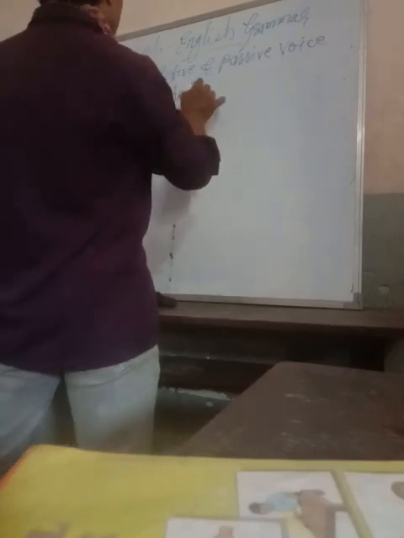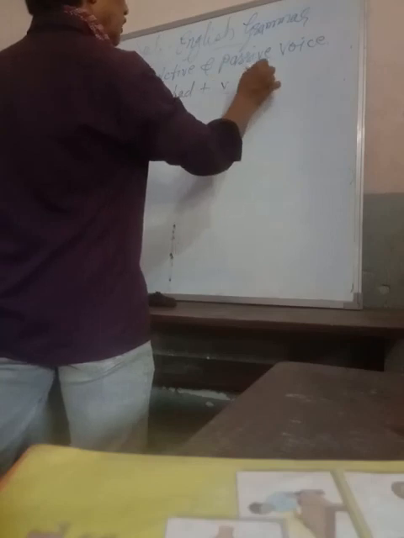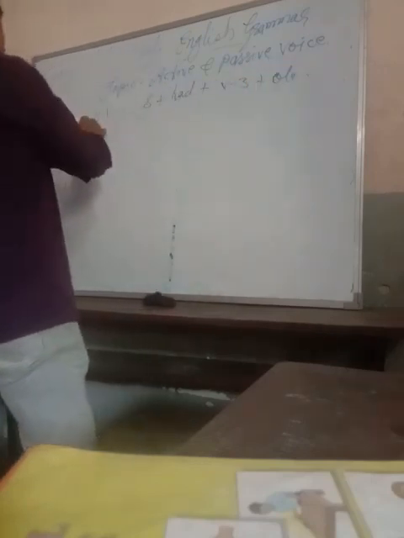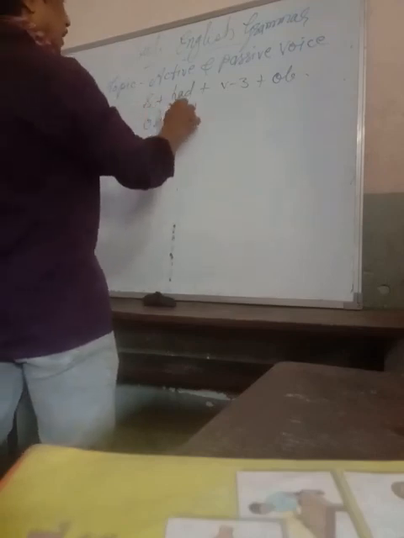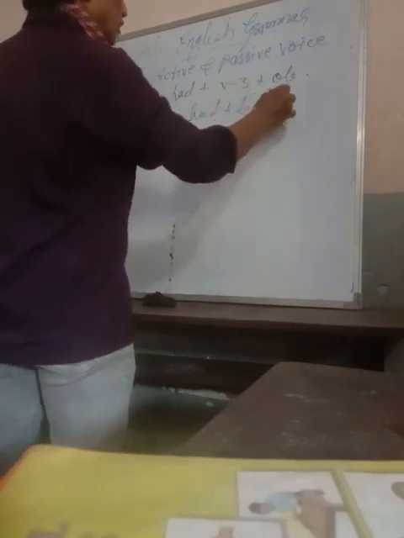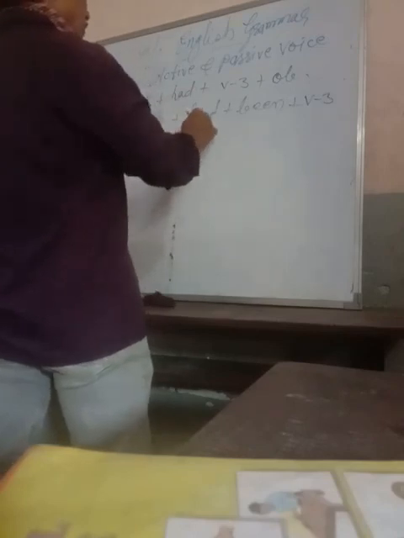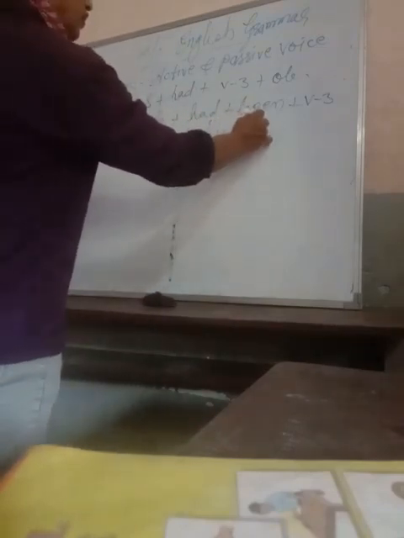So subject plus had plus B3 plus object. This is AV. Now passive voice: object plus had plus been plus B3 plus by plus subject. So this way, okay.